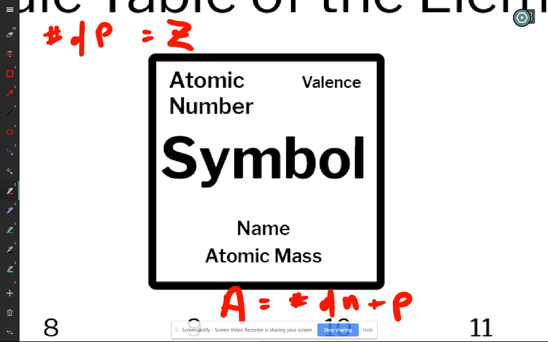Then we have another thing that's very important in chemistry, the valence. And the valence is telling you about how it is found in atoms, or in molecules. A molecule has one or more atoms bound together.